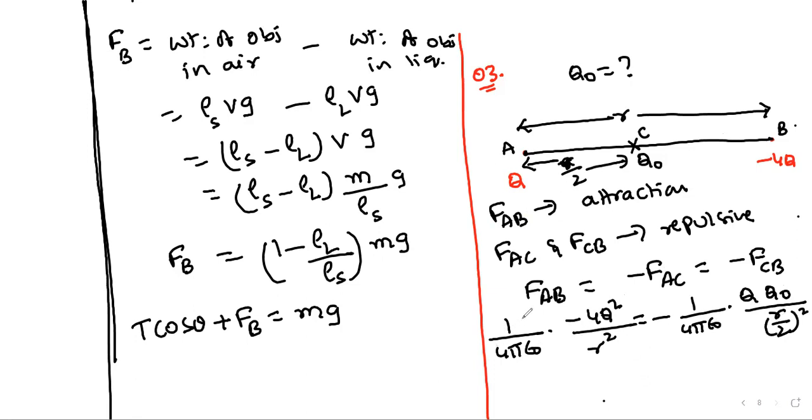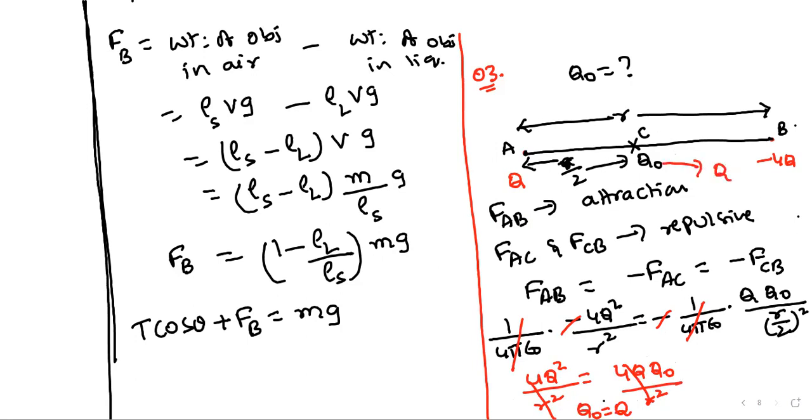The negative sign and 1 by 4 pi epsilon naught cancel. So 4Q square by R square equals 4Q Q naught by R square. 4 by R square cancels, so Q naught is equal to Q.